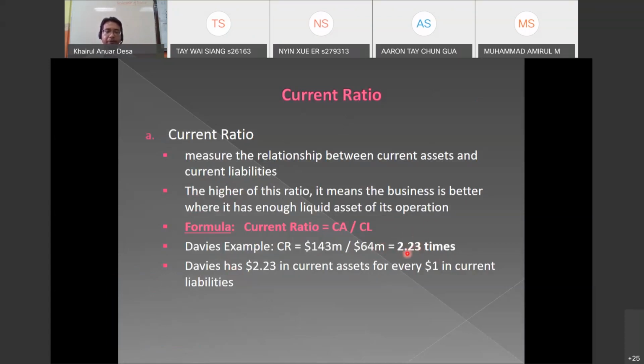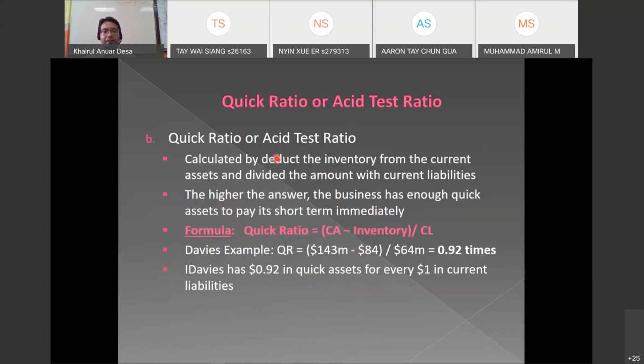But after we remove the inventory, suddenly the acid test ratio or the quick ratio drops from 2.23 to 0.92.